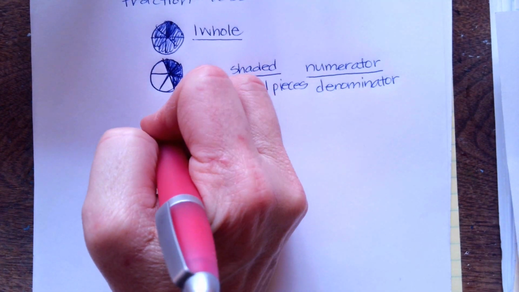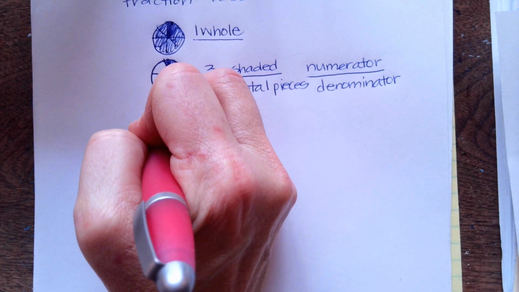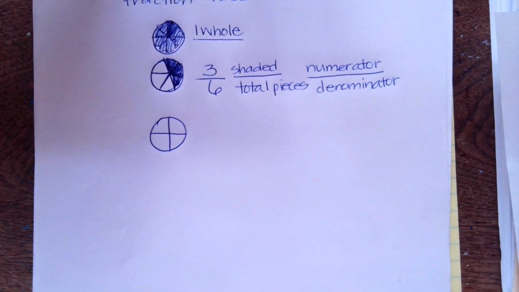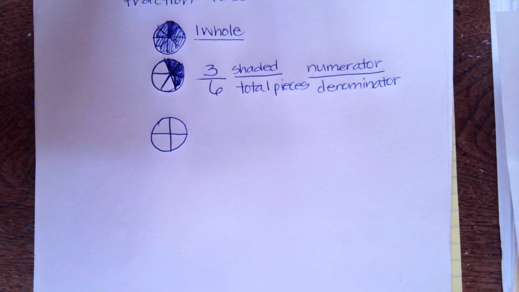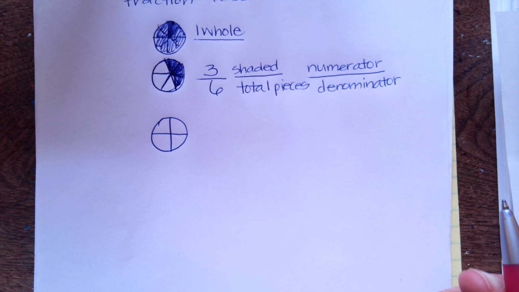So what we can do with fractions is we can divide them into whatever number we want. It could be 100 pieces, it could be 4 pieces, it could be 2, it could be pretty much anything that we can divide it into. And this one is divided into 4 pieces.